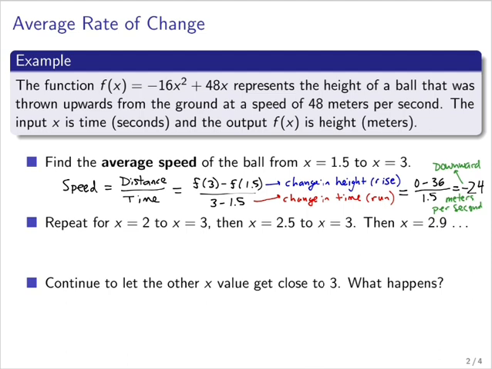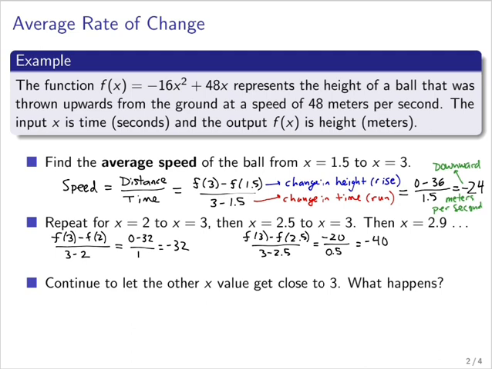Let's ask and answer the same question about a different time frame, something that's a little bit narrower around the x equals 3 point that the original question was about back on the first slide. Let's repeat the same question, but from 2 seconds to 3 seconds. And then we'll do it again from 2.5 seconds to 3 seconds.